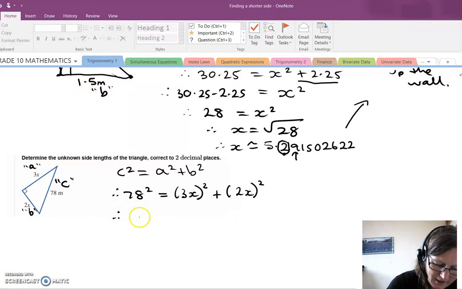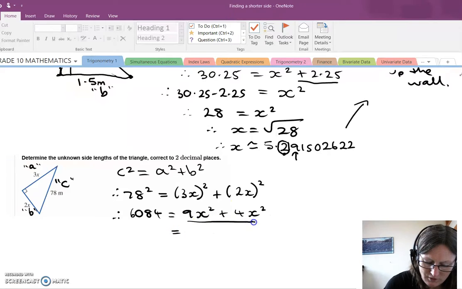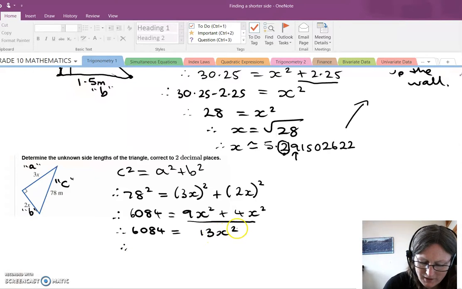When I square 78, I get 6084. When I square 3x, I get 9x squared, and when I square 2x, I get 4x squared. These are like terms, so I can add them and get 13x squared is equal to 6084. I'm wanting to find x initially. So this is 13 times by x squared.